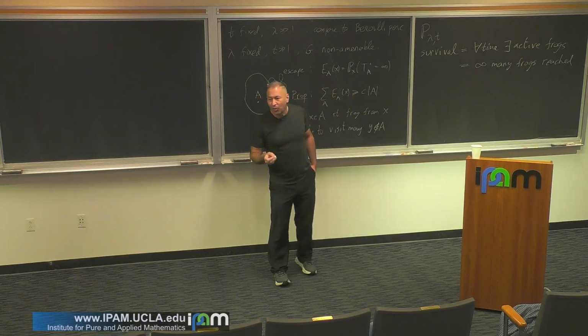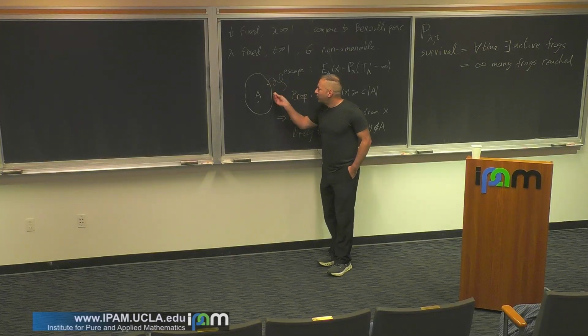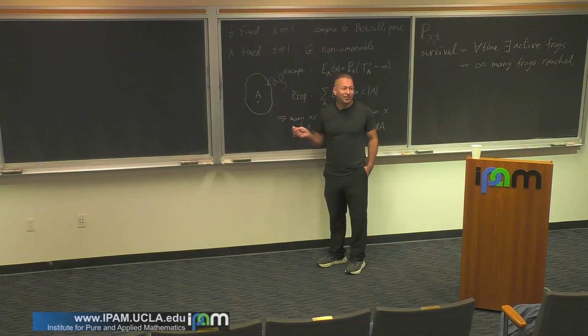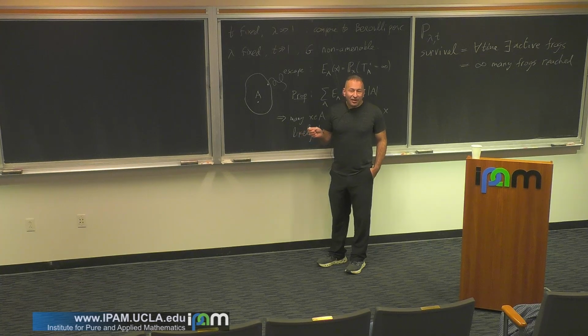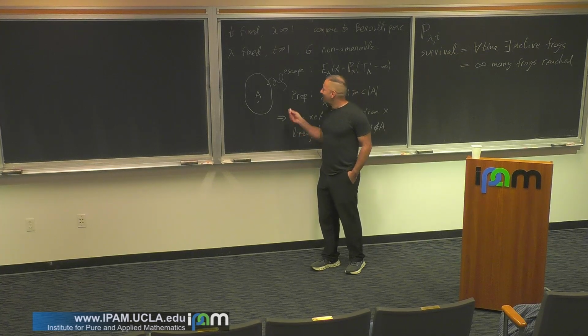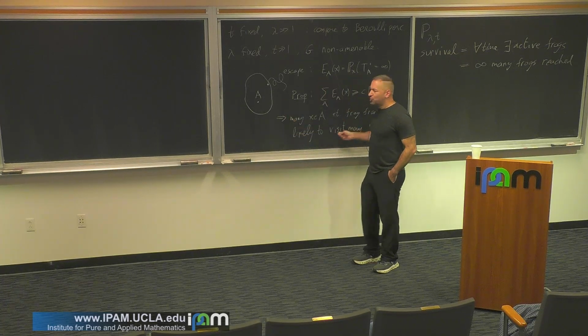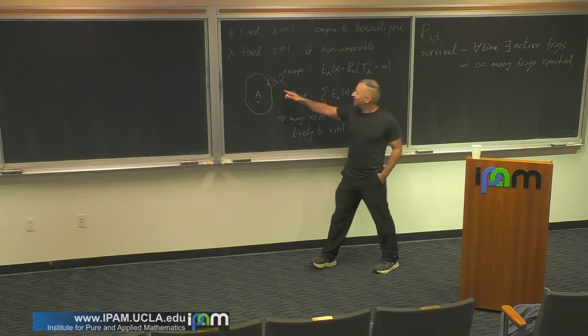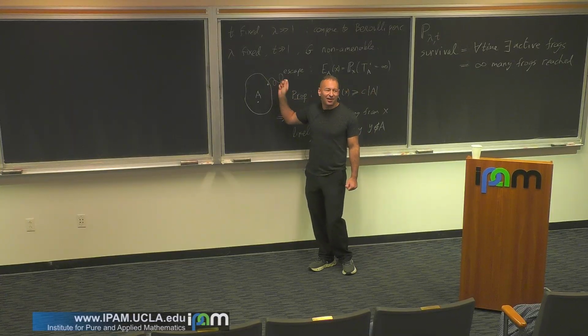But here we use the abelian property. We can choose each time which frog we want to look at next. And so we are going to pick some frog that is in one of those good vertices near the boundary where the random walk is likely to exit.